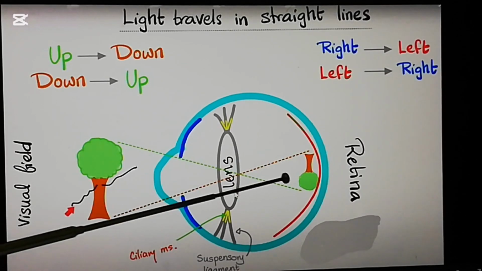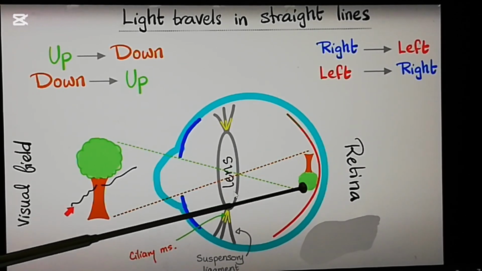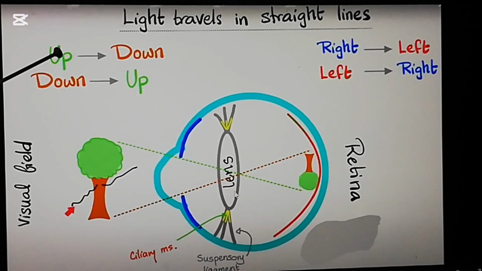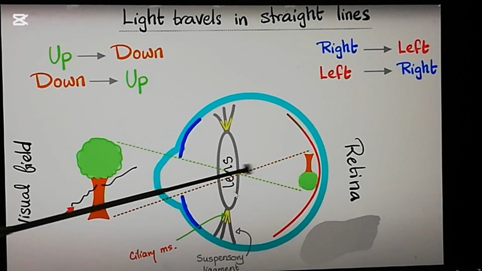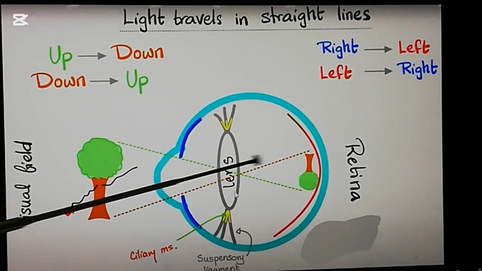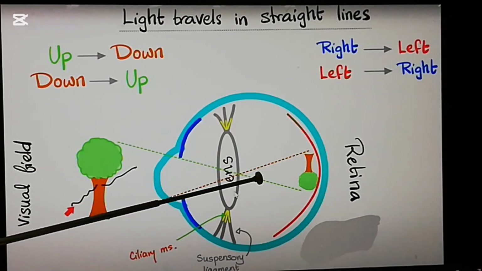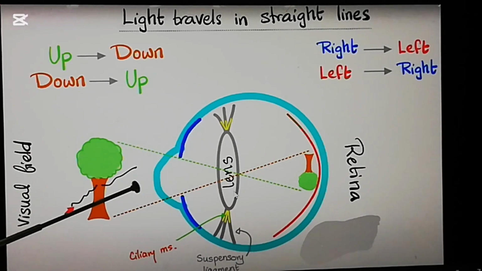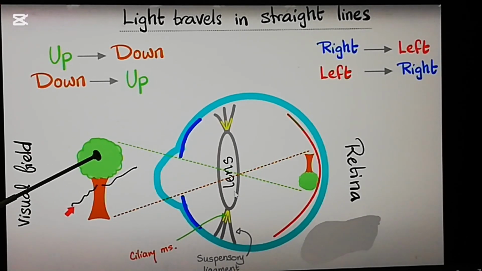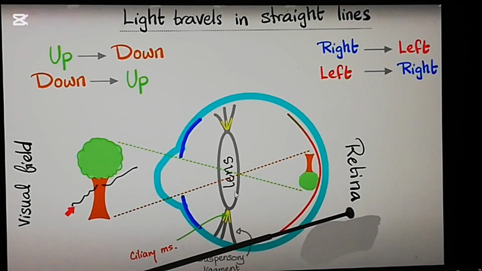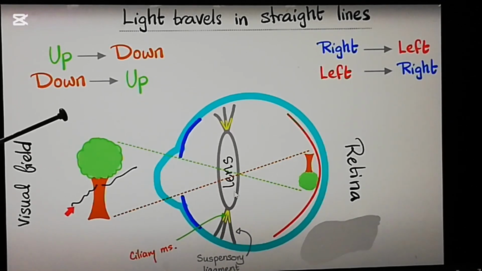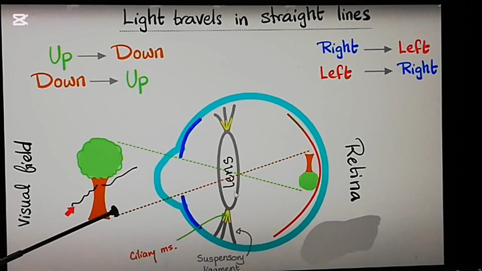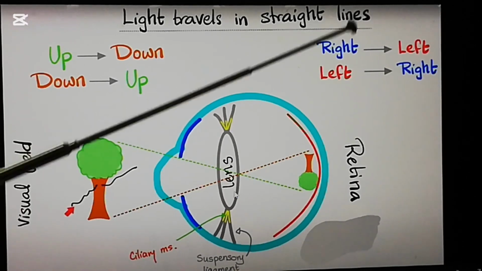In this way we get the inverted image, right? So simple: the up goes down and the down goes up. Okay, and we should also know that the things coming from the right side should hit the left side of the retina and the information from the left side will hit the right side of the retina.